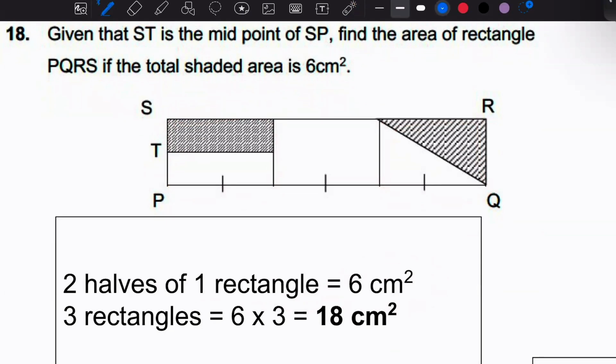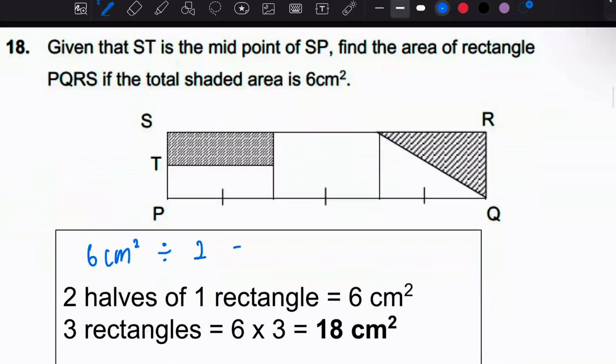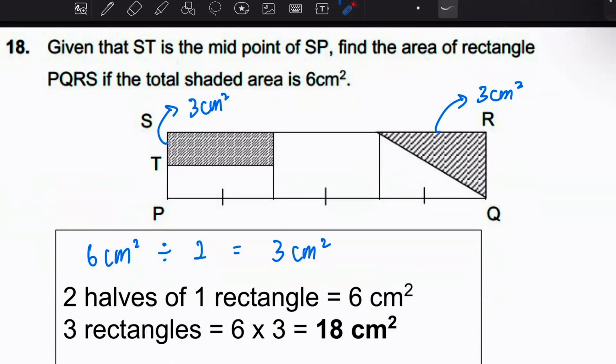So you can do 6 centimeters squared divided by 2, which is 3. So one shaded area is 3 centimeters squared.